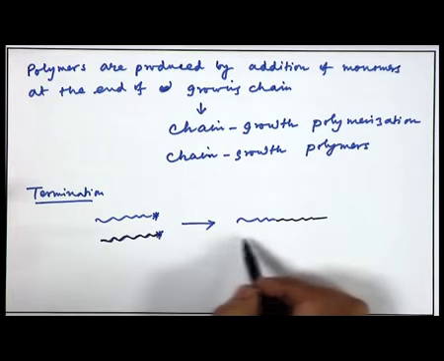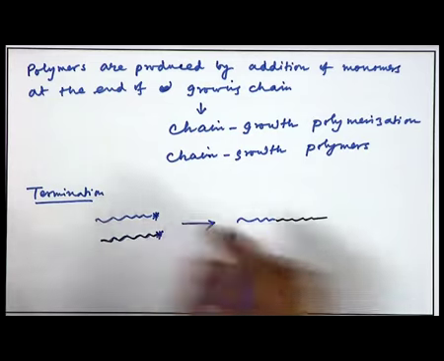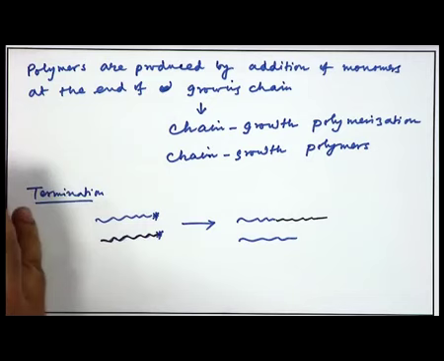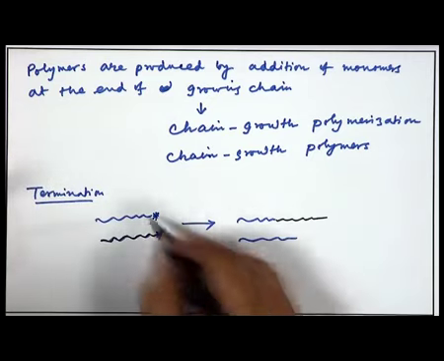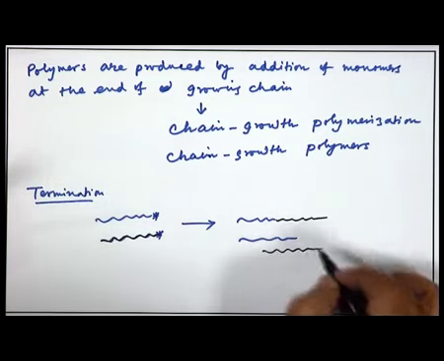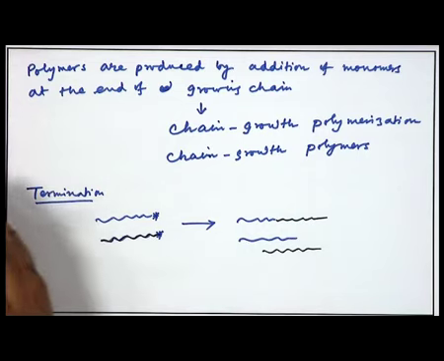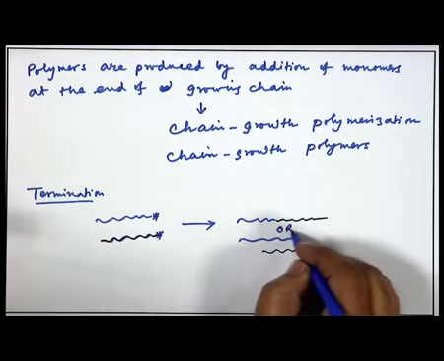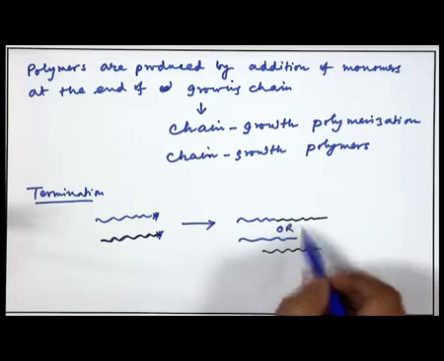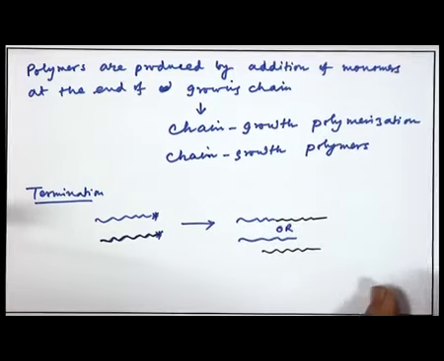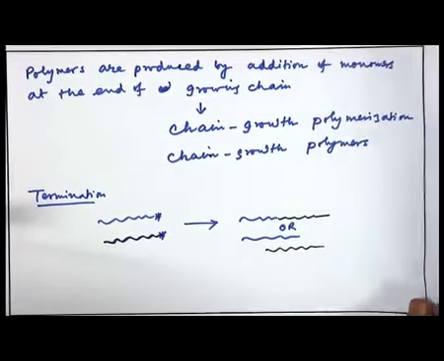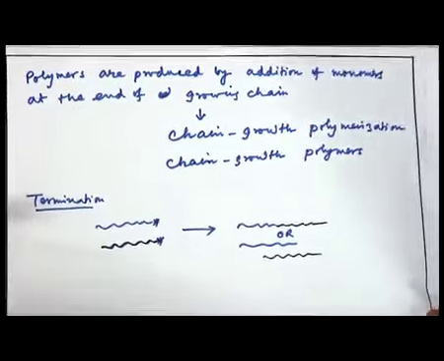There are other mechanisms also where you can get two final polymer chains from two active chains. This or this can be formed. We will just take the example of radical.